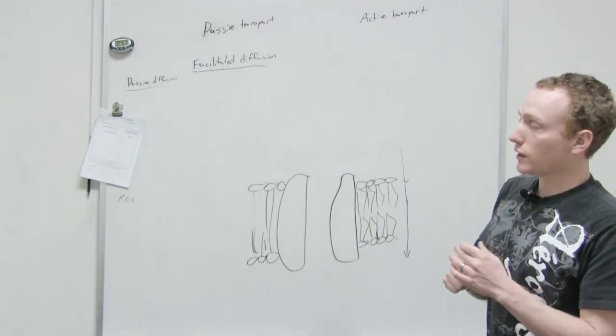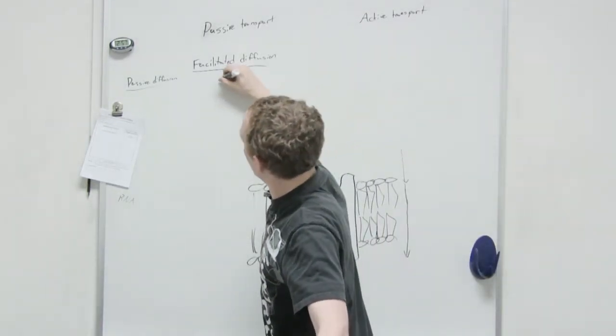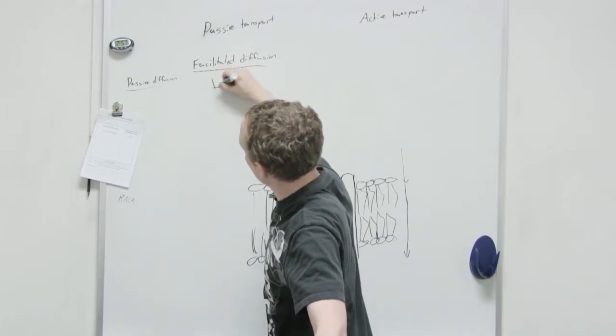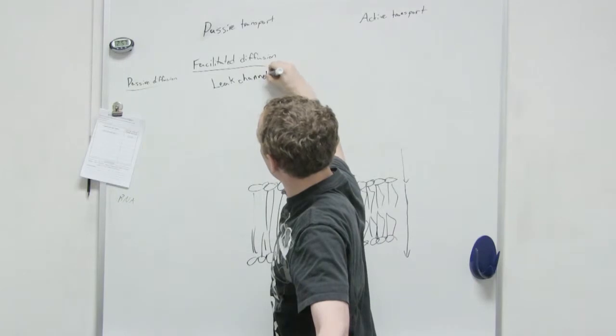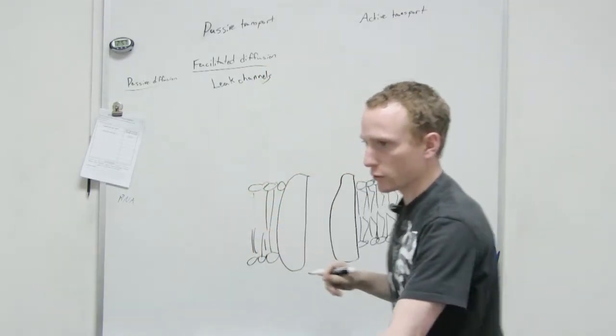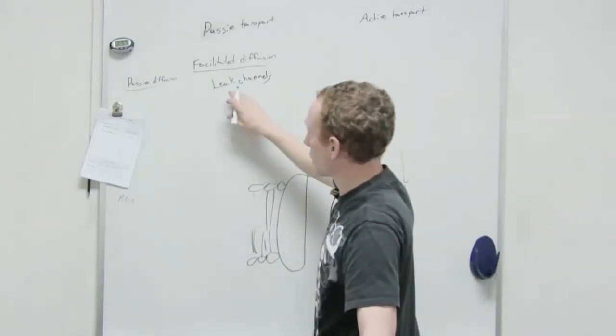Facilitated diffusion can either be leak channels. You talked about those before, or looked at them in the book, right? Okay, so leak channels.